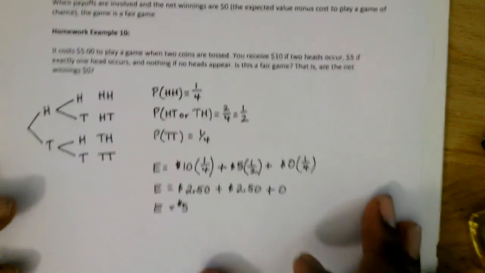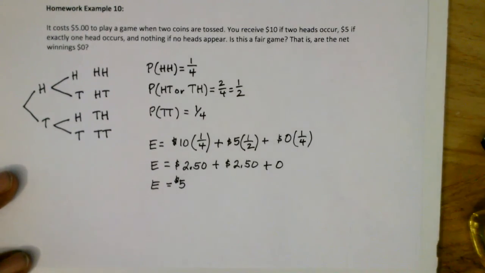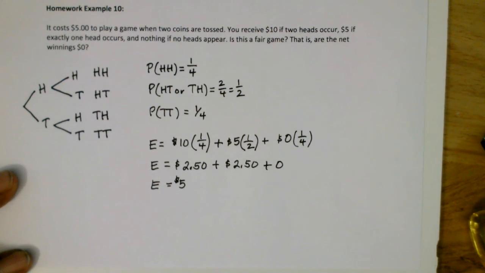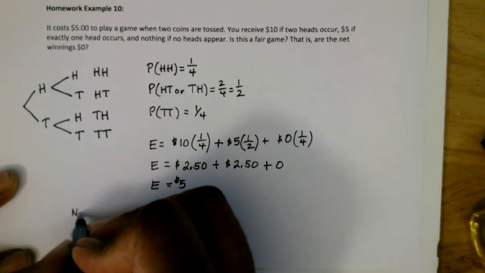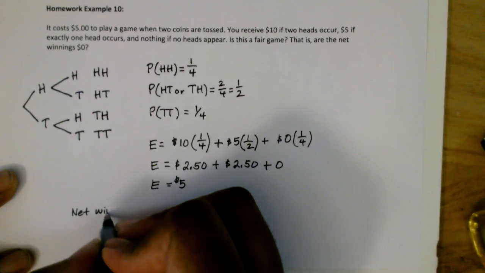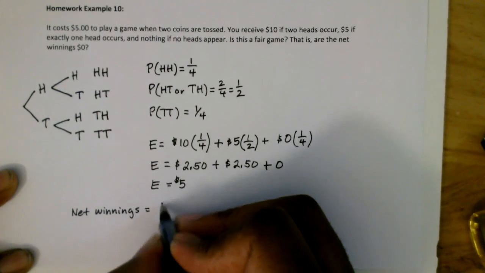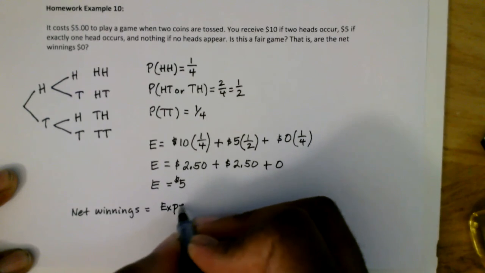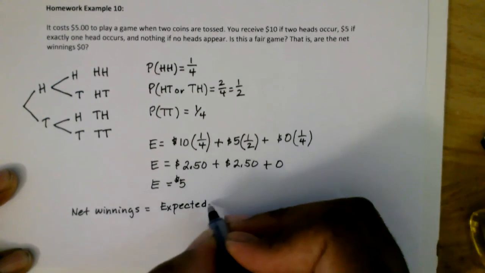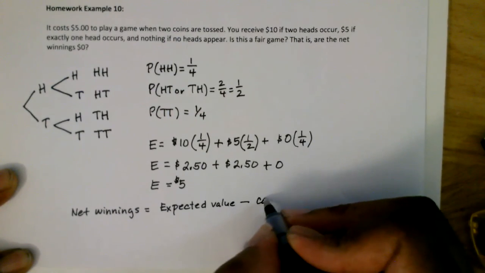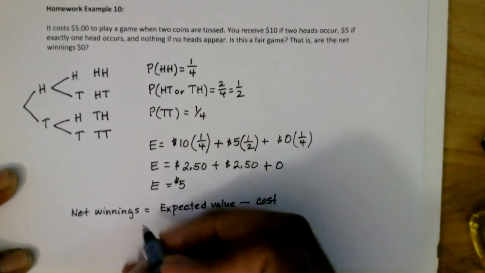So the expected value there will be $5. Now, the cost of the game is $5. So what that means here is our net winnings is going to be the expected value minus the cost to even play the game.